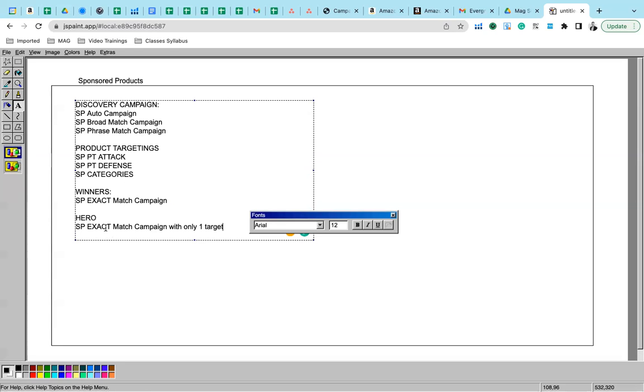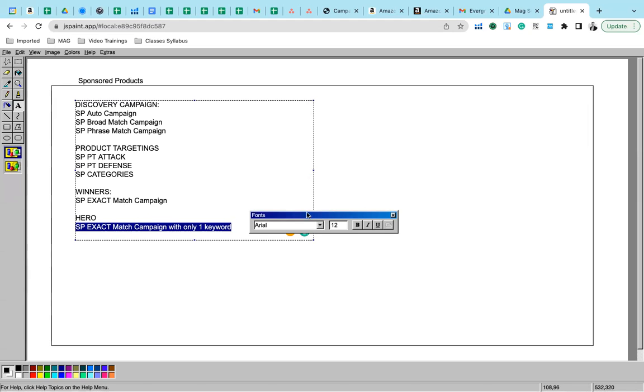You create not only one but many campaigns that each have only one target. Because this keyword is so good, you want it to have its own campaign with its own daily budget. That's the idea when you create a hero.